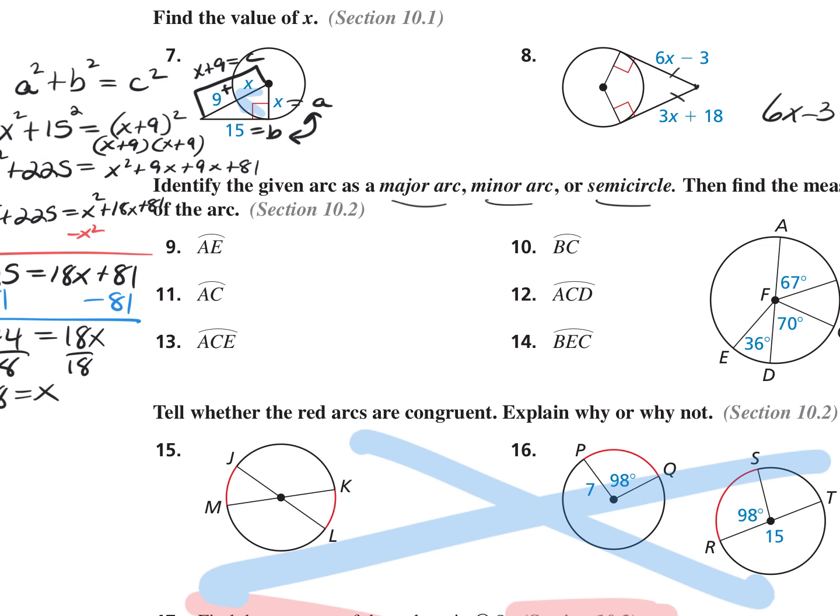Now again, you can't just focus on these 14 questions. Go back over your reviews, your warm-ups, and your homework. Now, in the 10-1 warm-up, there was a question where you had to tell whether a segment was a tangent or a tangent line. Remember, it must satisfy the Pythagorean theorem. Okay, if it does not, then that segment or that line is not tangent.